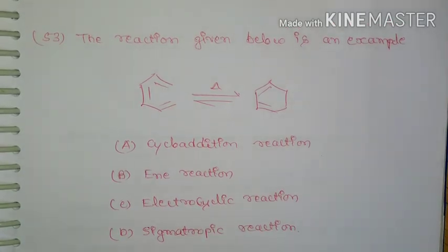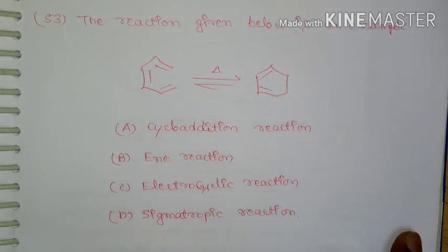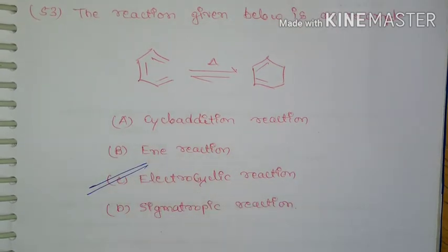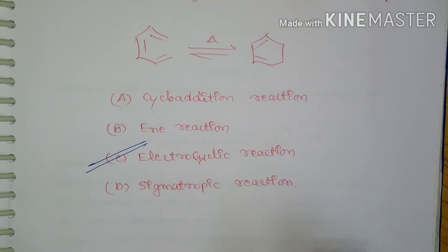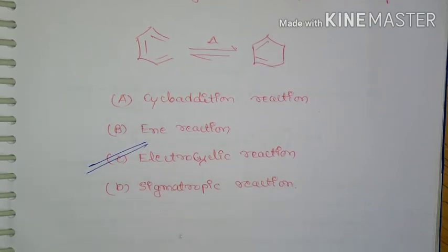Next, the 53rd question: the reaction given below is an example of an electrocyclic reaction. So here the ring closing reaction will take place.